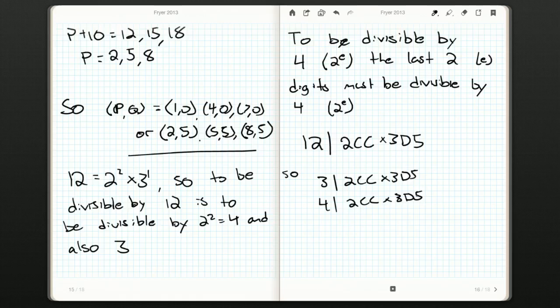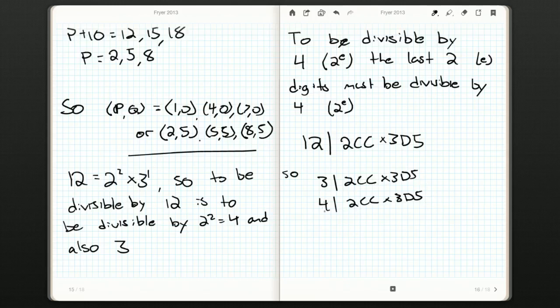Well, here we have a prime number, 3, and a product. So we could have 3 divide 2cc, or 3 divide 3d5, or it could happen to divide both of them. But we will have 3 divides at least one of them. So there's not really a plan of attack there. There's just sort of 3 cases. Is 2cc divisible by 3? Is 3d5 divisible by 3? Or are they both divisible by 3? Either or.